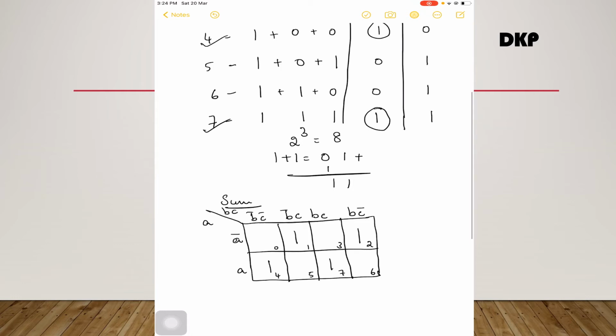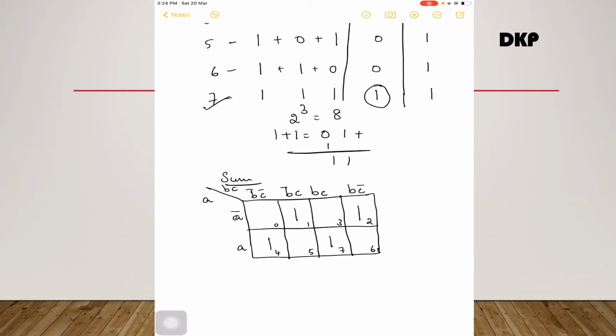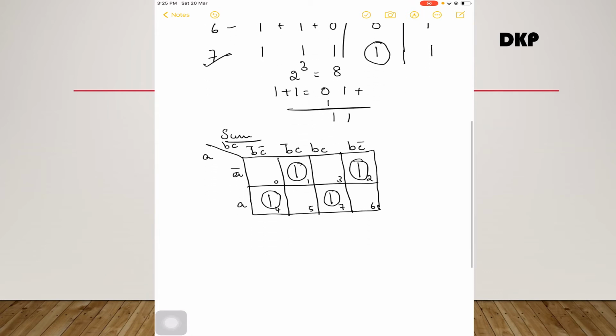Here you cannot group because there are no adjacent cells with ones. Therefore, you have to encircle them individually. So you will get 4 terms from this. Which are those 4 terms? They are A bar B bar C plus A bar B C bar plus A B bar C bar plus ABC.